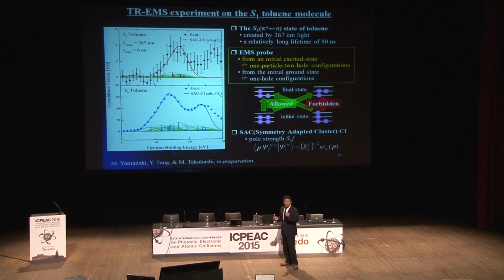From the good agreement between experiment and theory, it is found that EMS from an initial excited state is a sensitive probe for one-particle, two-hole configurations, those involving pi-star excitation in this case.